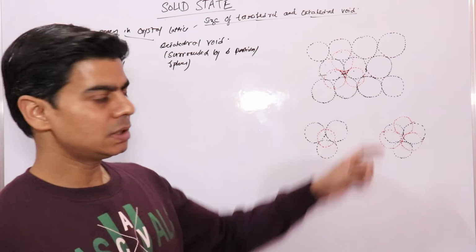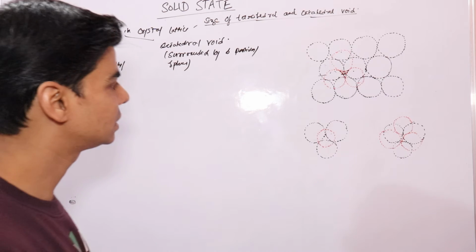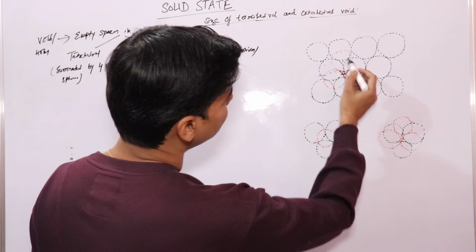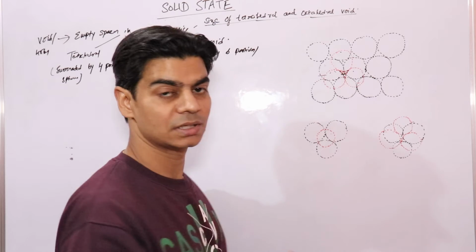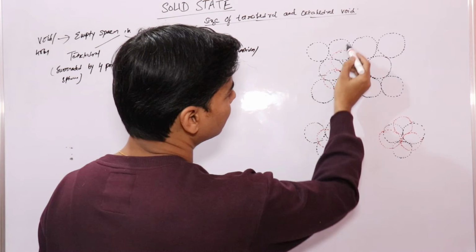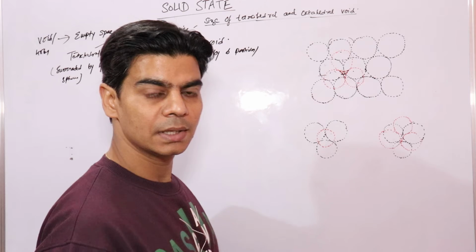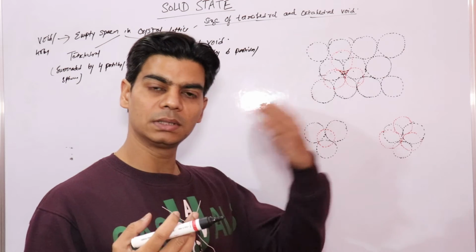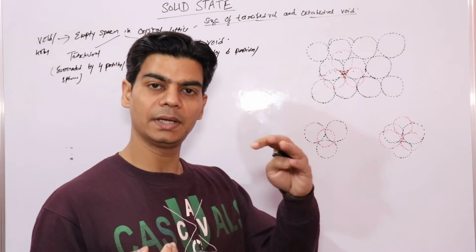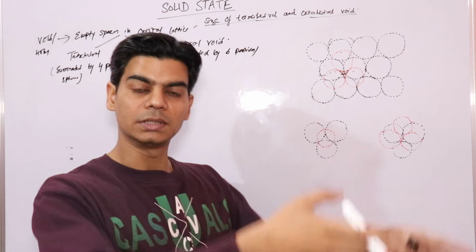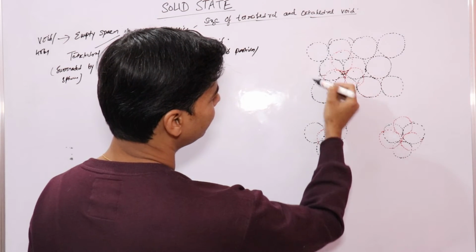Now let's see how these 2 voids look in the crystal lattice. If you look at these 3 black spheres that represent particles, these are 3 spheres in the first layer. To build the second layer, we place the spheres in the second layer on the voids in the first layer. So this is a void, if you look at these 3 particles.